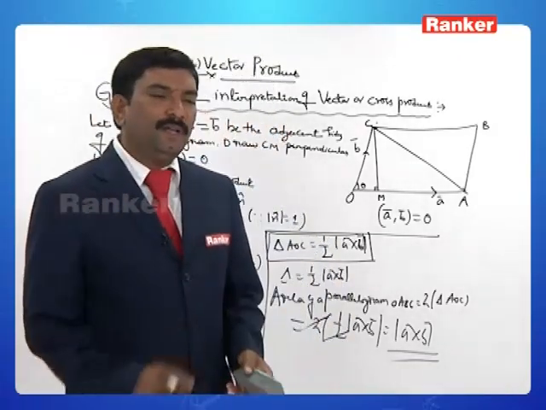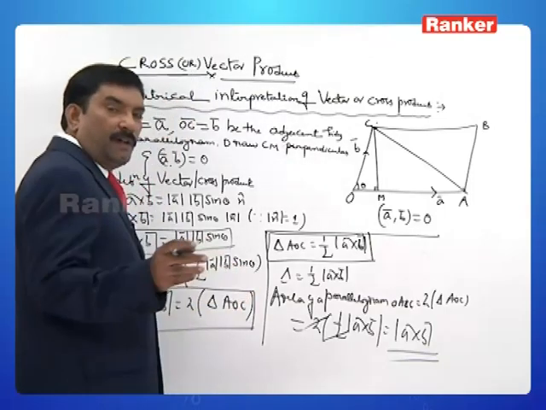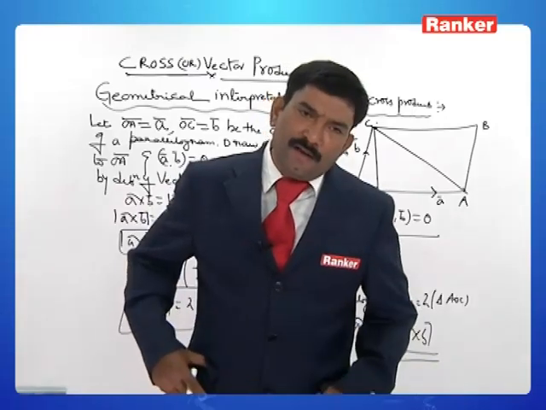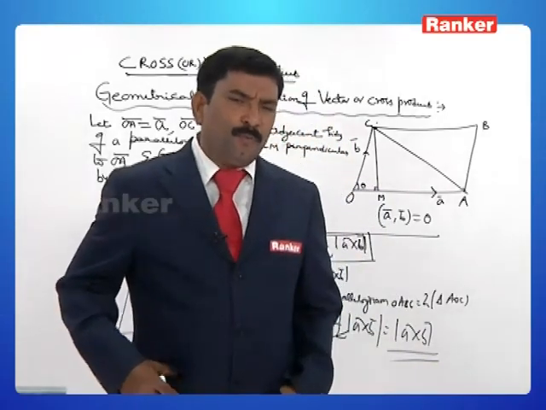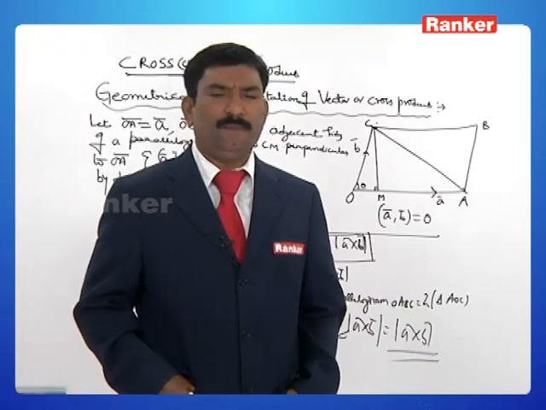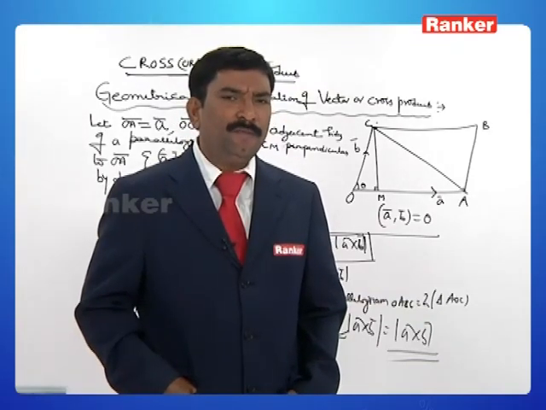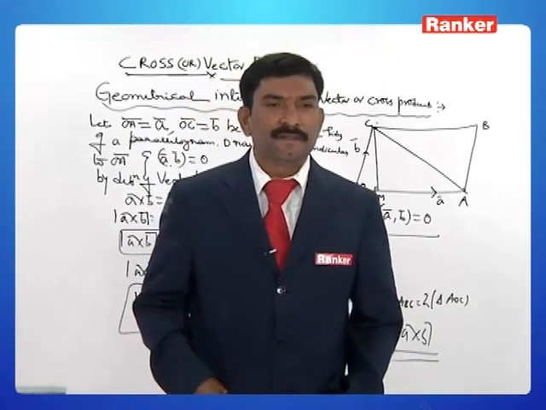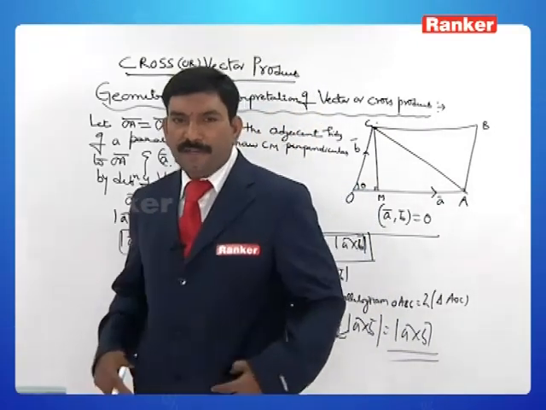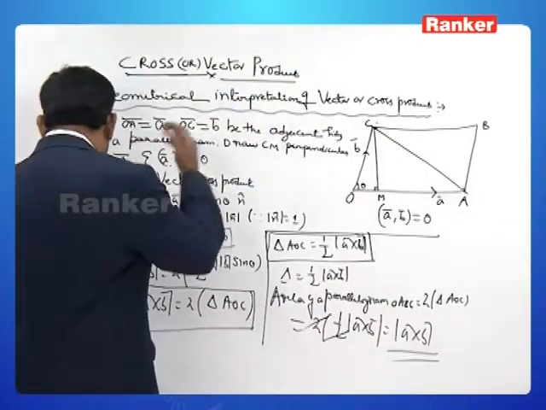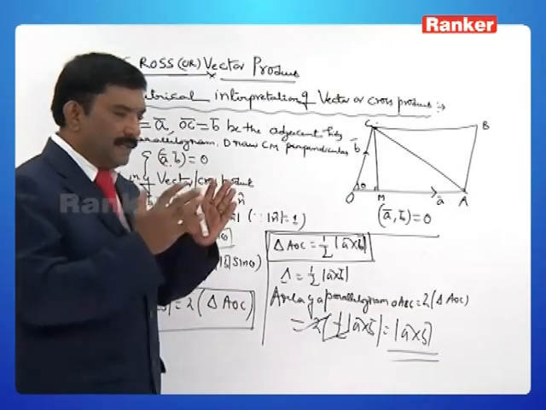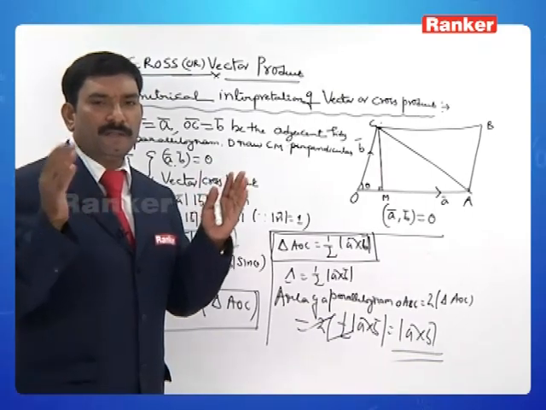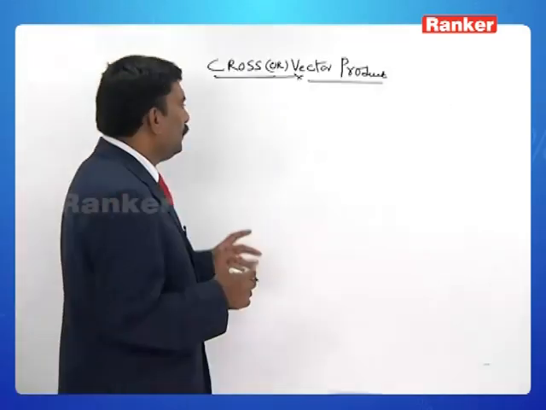Sir, when A bar and B bar represent the adjacent sides of a parallelogram, what about the area of a parallelogram with diagonals? So let us see how to find the area of a parallelogram with the diagonals A bar and B bar.